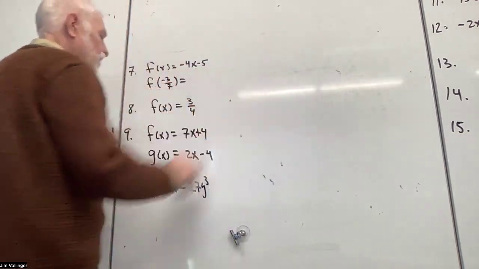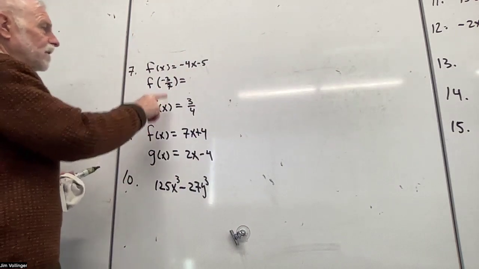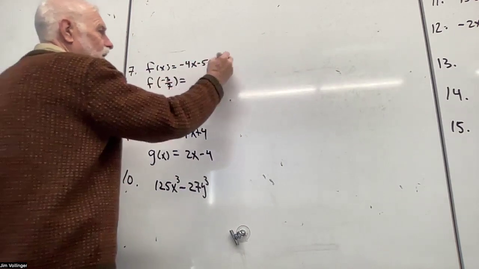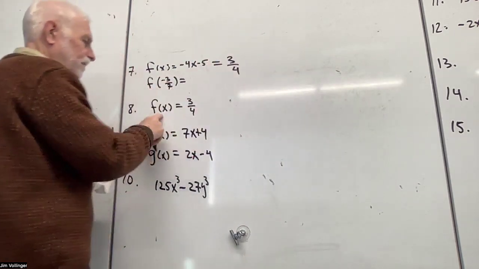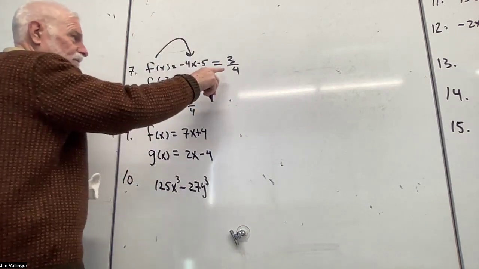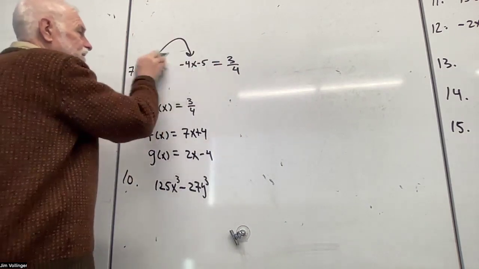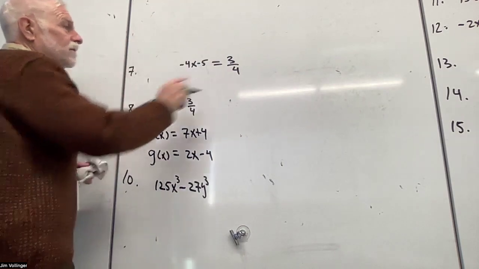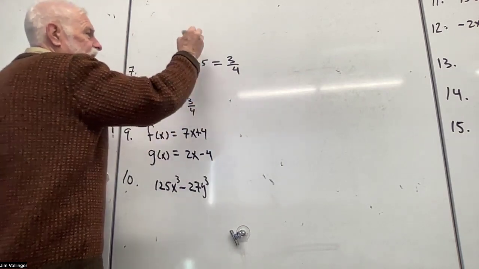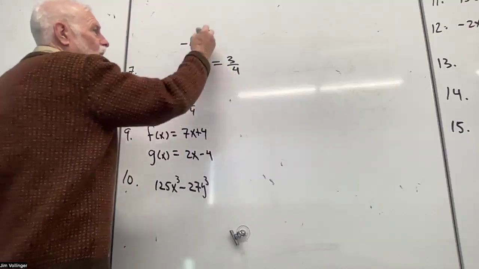Guess I'll just keep going this way. So f of x, there's another name for f of x. It's minus 4x minus 5. So I'm going to set that to 3/4. F of x equals 3/4. That's f of x, that calculation. I'm setting it to 3/4. Now I can erase this and just get an answer. So I'm going to multiply by 4. I'll do it going north. Minus 16x multiplied by 4.